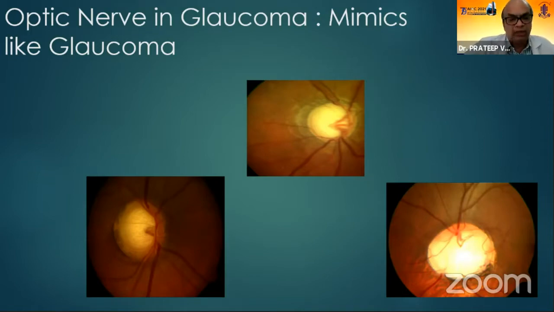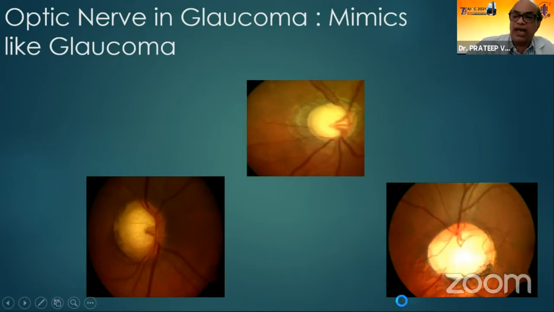So believe me, at the age of 80 years, we would be losing almost 80% of the ganglion cells. And once you have lost 80% of the ganglion cells, then the cup will be large and there will be laminar dot signs and there will be a disc pallor and it would mimic a glaucomatous disc, but it's not a truly glaucomatous disc.